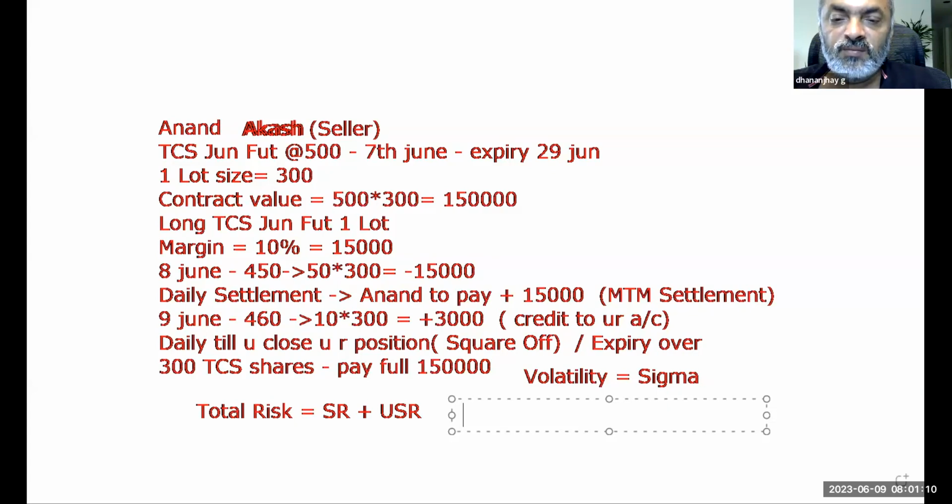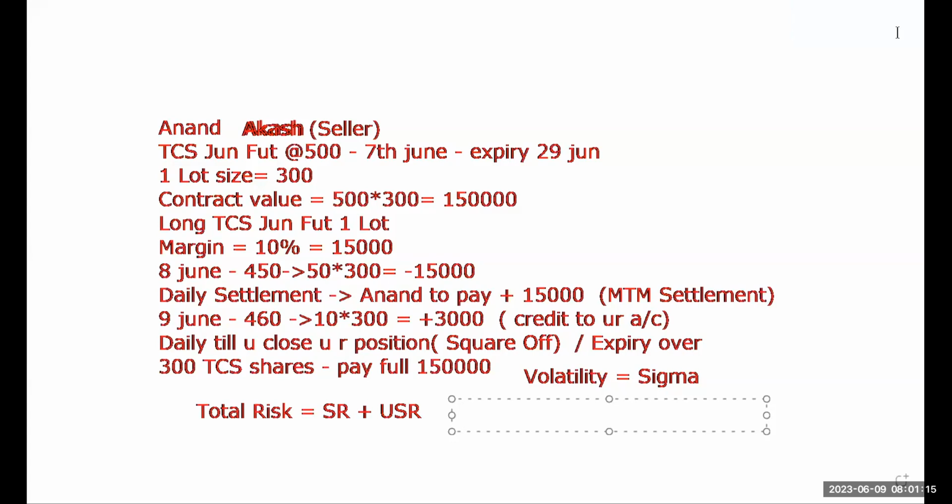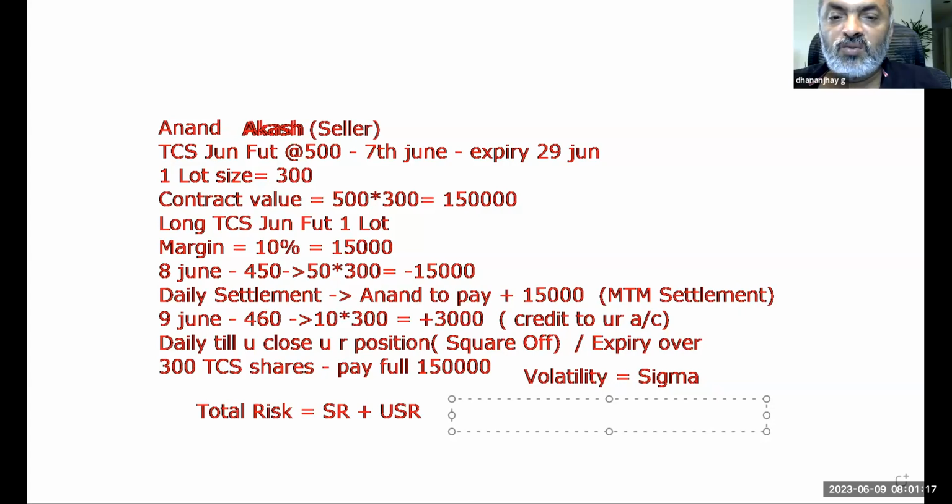Radheshyam? Yes, sir. So this is how the process works. I'm only in the first slide, but I think I've covered a substantial amount.